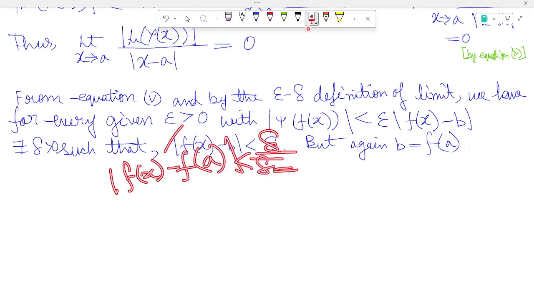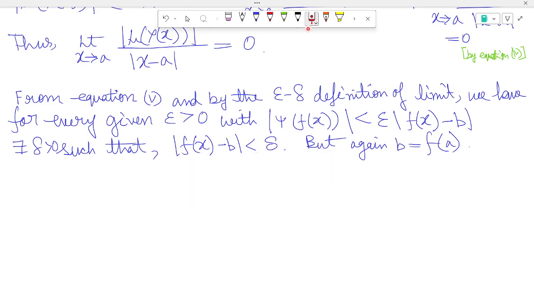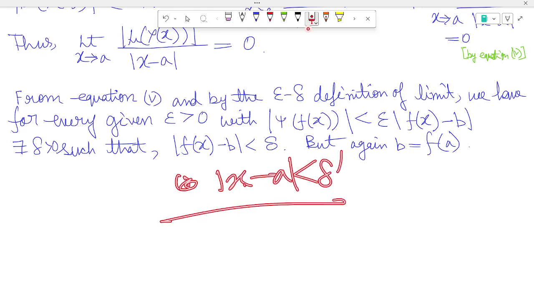So treat lambda as epsilon now. Lambda is epsilon and f is continuous, because obviously differentiable functions are continuous. So there will be some delta dashed such that this happens, implying |x minus a| less than this delta dash.